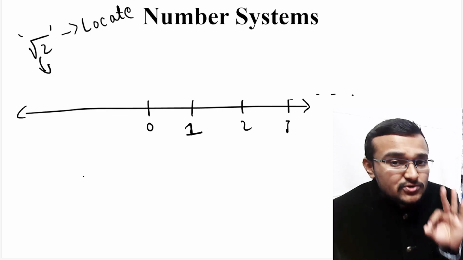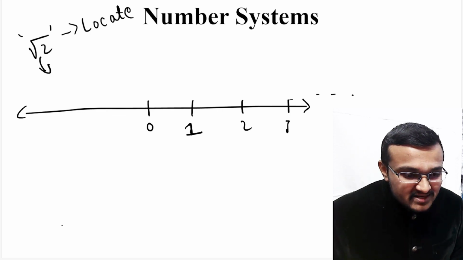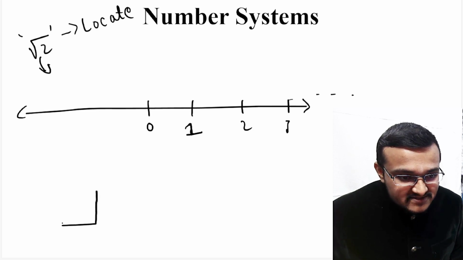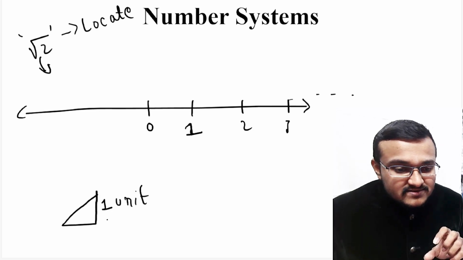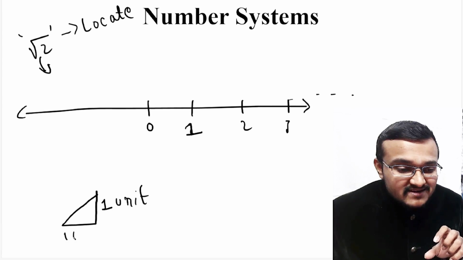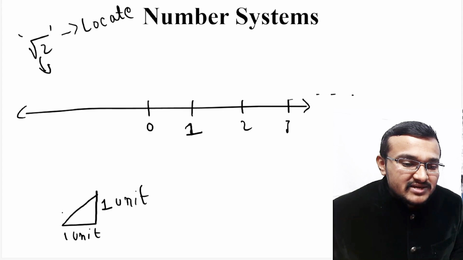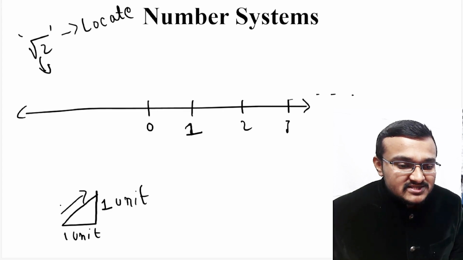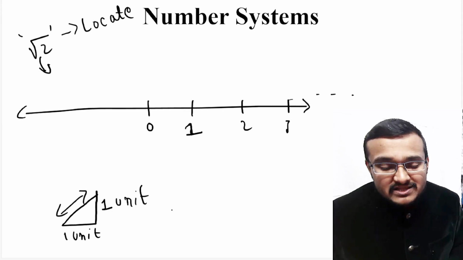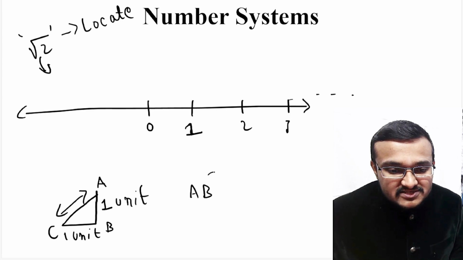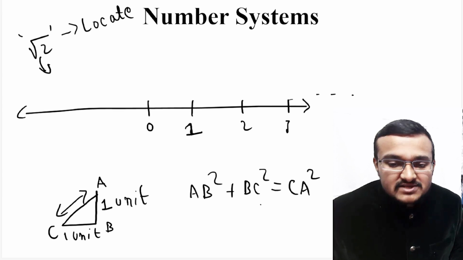In order to do that, you can consider a right angle triangle like this, where 1 unit is the height of this triangle and 1 unit is the base. Then what will be the hypotenuse value? According to the Pythagoras theorem, if I name this A, B and C, always remember AB square plus BC square is equal to CA square.